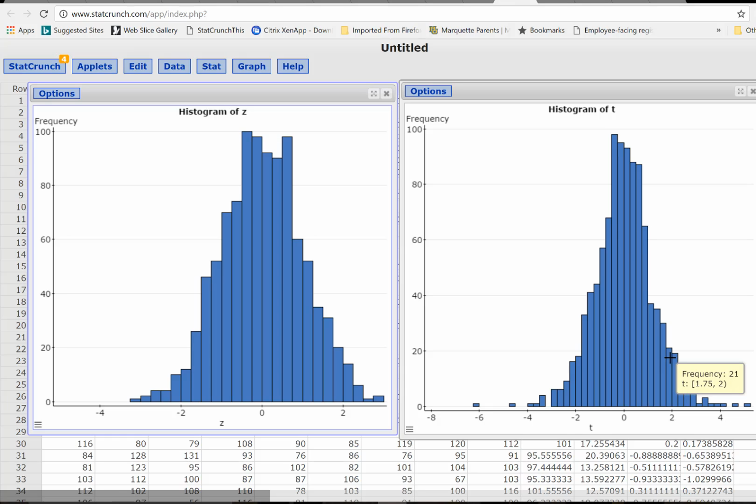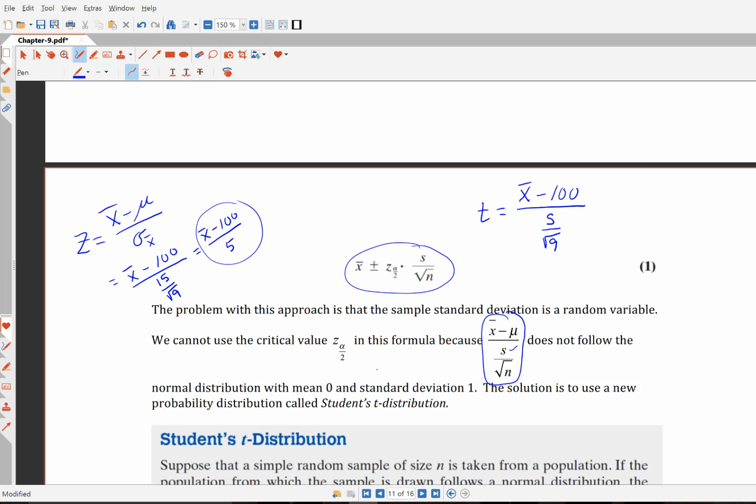So this additional variability is what accounted for the fact that Gossett's capture rate was off. By not knowing sigma, you introduce additional unknowns in the construction of the confidence interval.